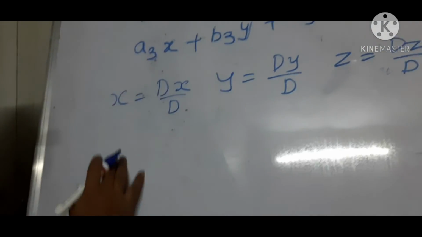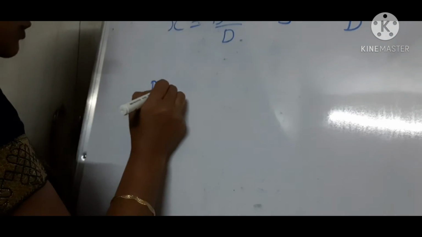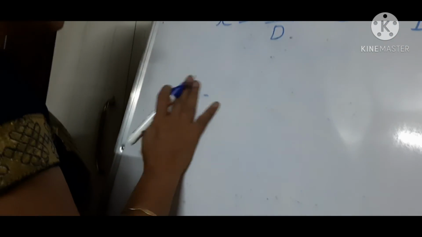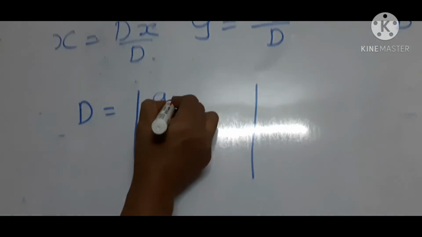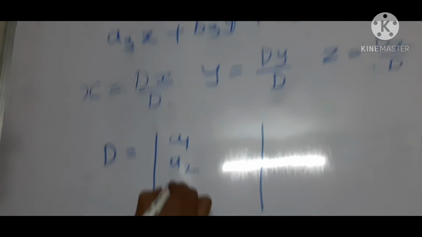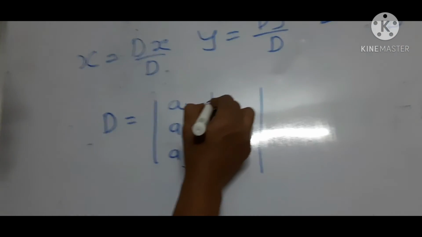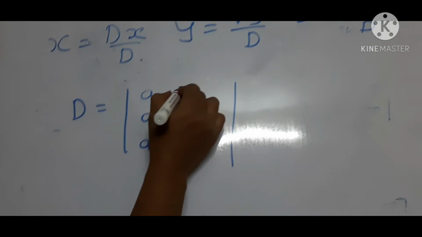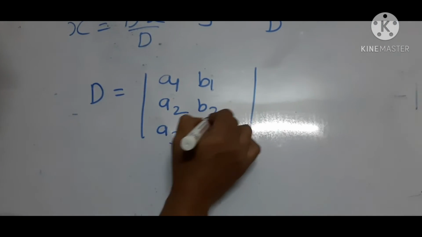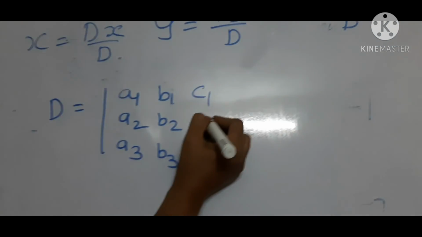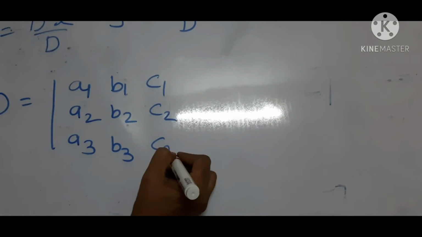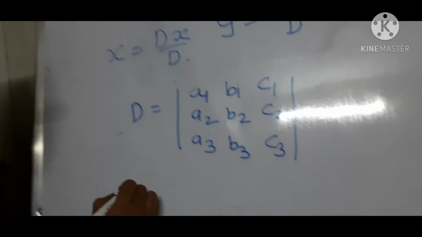So how to find the value of Dx? Dx is also a determinant. First we will see D. What is D? First column coefficient of x, a1 a2 a3, second column coefficient of y, b1 b2 b3, third column coefficient of z, c1 c2 c3. So this is D. Now how to find Dx?